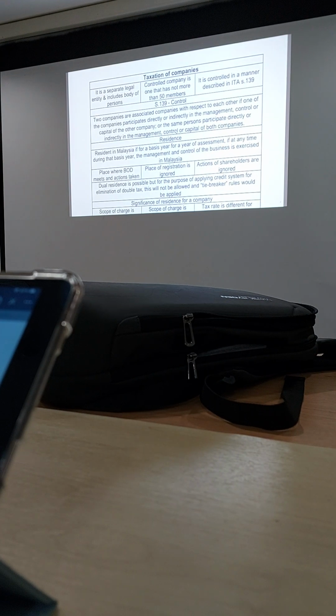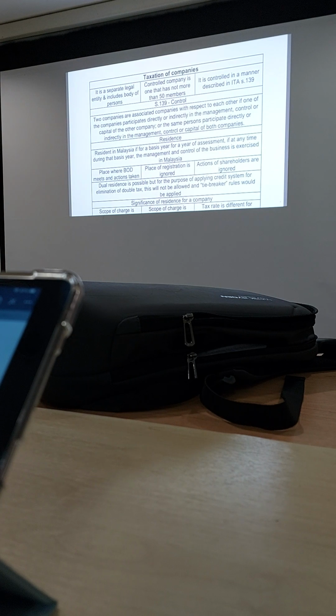Taxation of companies. If you're going to tax a company, it's a separate legal entity, including a body or person. A controlled company is one that has not more than 50 members. Got it? It is controlled in a manner described in the tax act section 139.